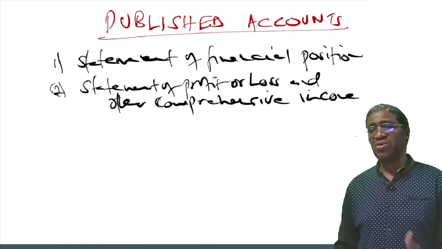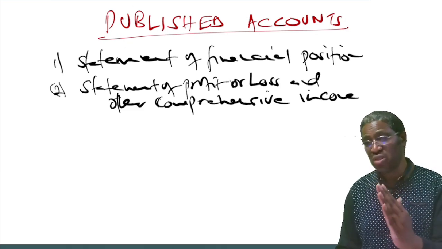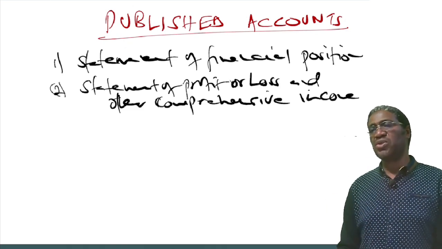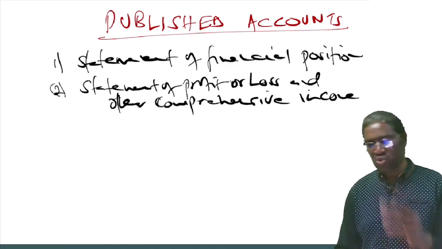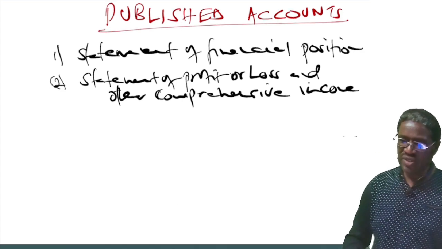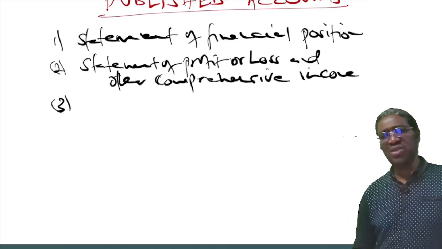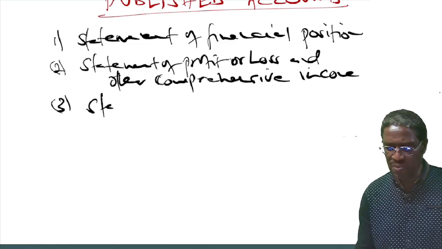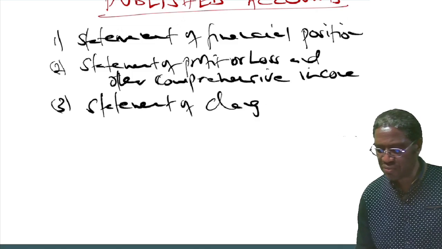You could find some books calling it income statement. So we are supposed to include a statement of profit or loss for the company and what we call other comprehensive incomes. We shall look at them later.